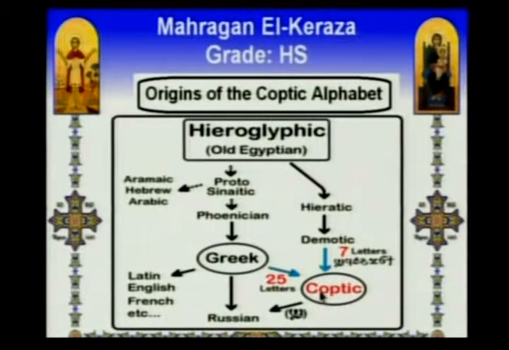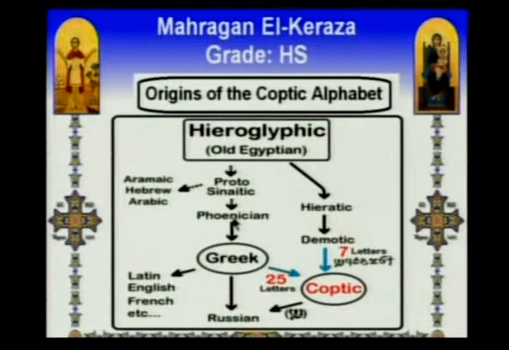But the bulk of the Coptic alphabet came from the Greek letters. Now, the Greek letters had their origin in the Phoenician letters, and the Phoenician letters had their origin in the Proto-Semitic, which was based on the hieroglyphic script, and the hieratic script actually also contributed to this.